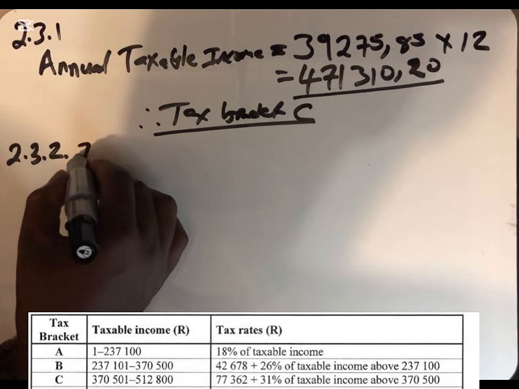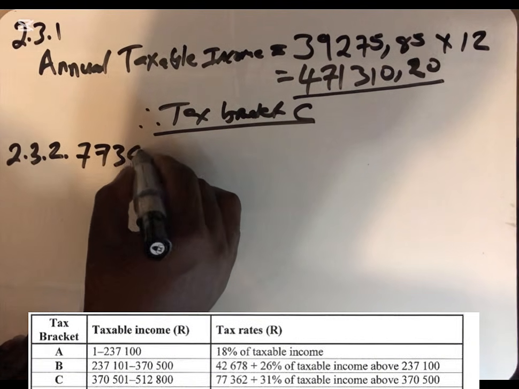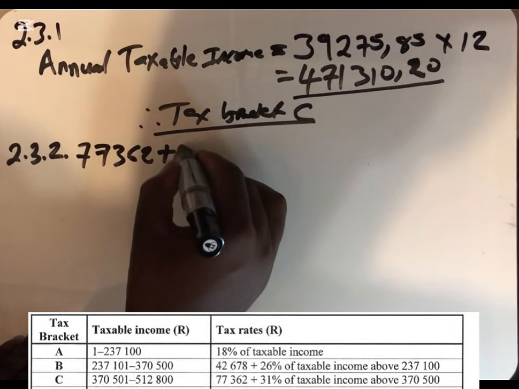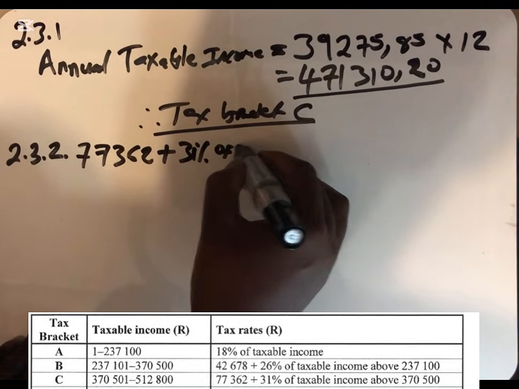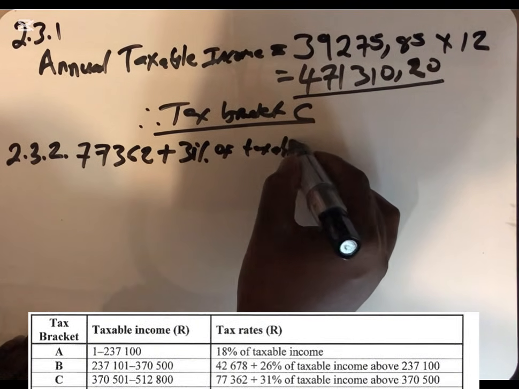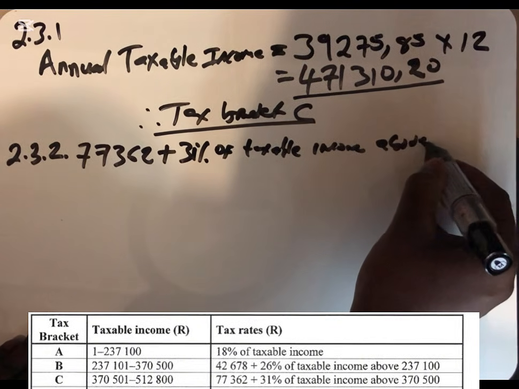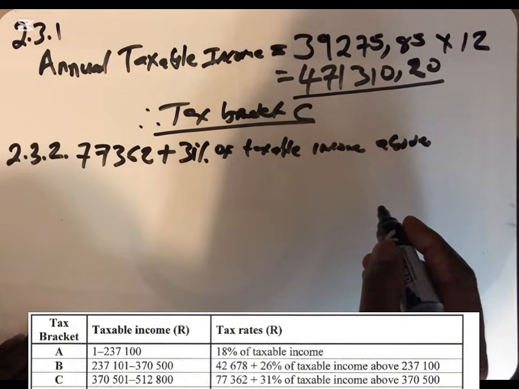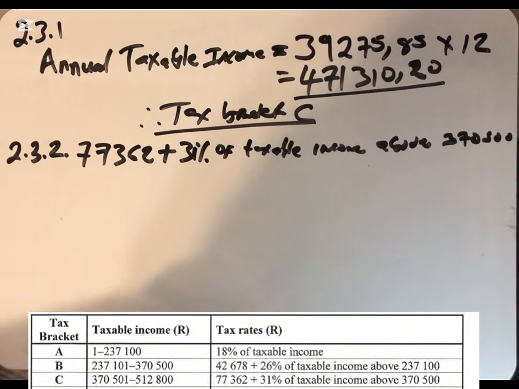We are now going to say 77,362 plus 31% of taxable income above 370,500. Now, after doing it, you take your pencil in the exam room.